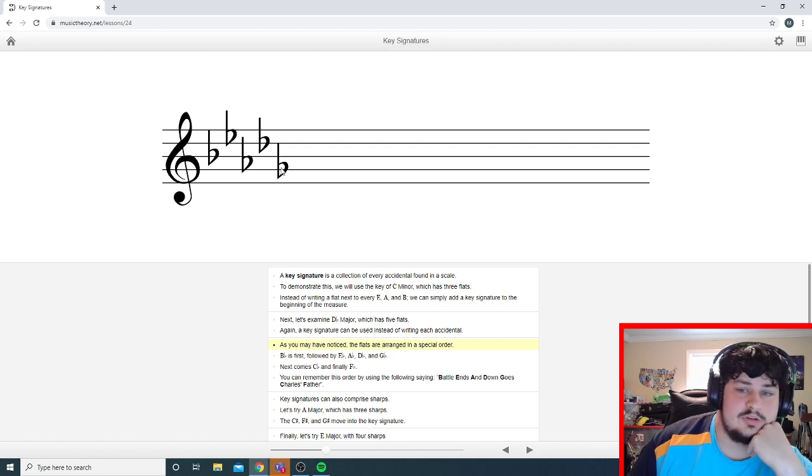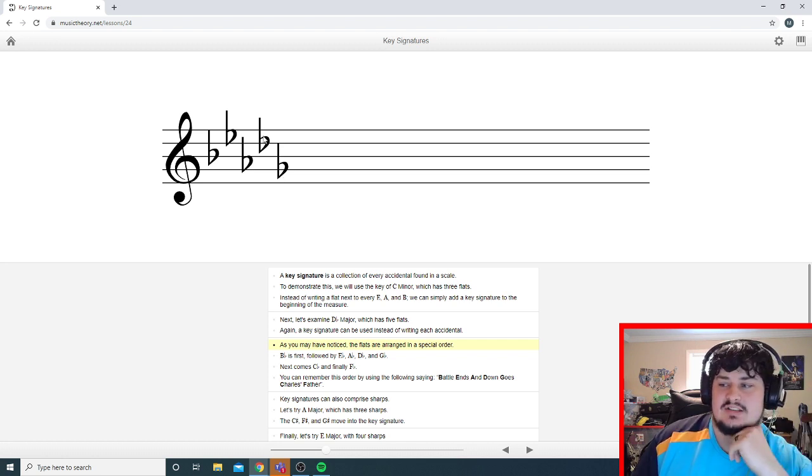You go to the last flat. This is the last flat right here. Then you back up to the flat before it, and that's the name. So you see this G flat, back up 1, D flat, that's the name. So this is D flat major.